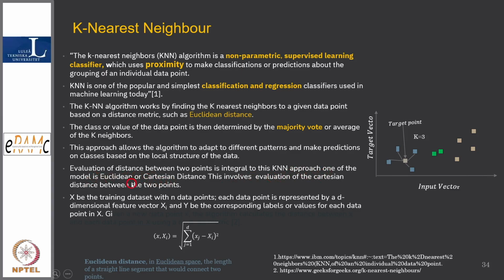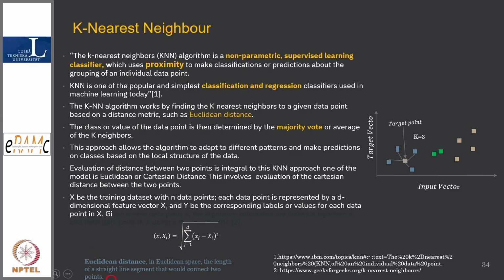It is also called Cartesian distance. This involves evaluation of the Cartesian distance between the 2 points. So, we have to evaluate this distance, and how is it done? It is done with the variable x and the given characteristic x target, we have x minus xj, with j equal to 1 to d.